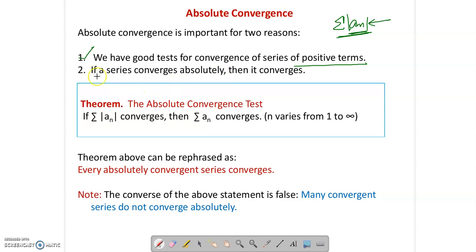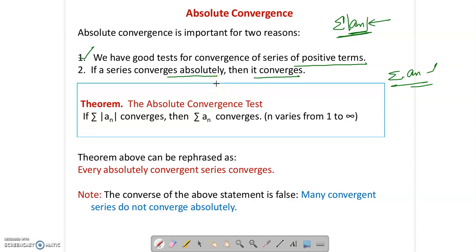Next, a very important reason is that if a series converges absolutely, then it converges. Meaning if I prove that this series converges absolutely, it proves that this series is convergent.